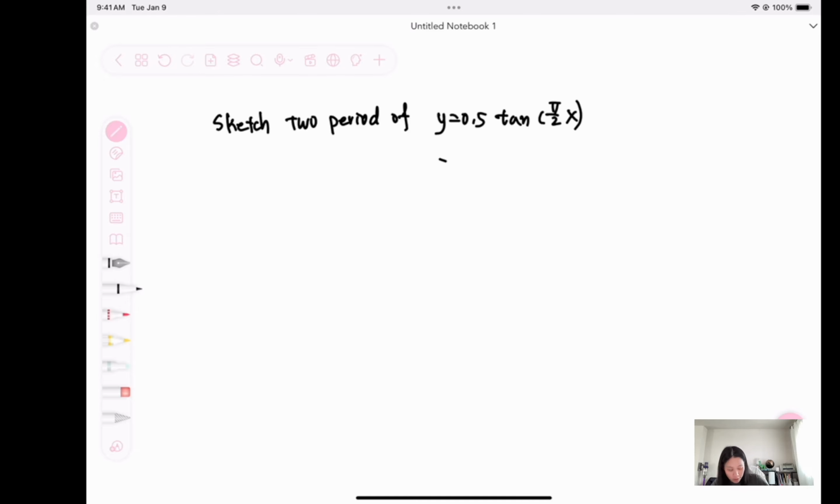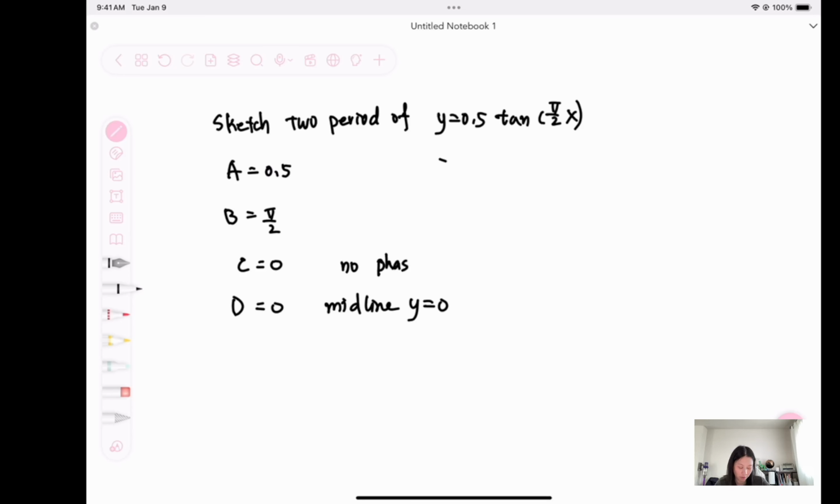So first of all, we have a equals 0.5, b equals pi over 2, c equals 0, d also equals 0. D equals 0 tells us that the midline is y equals 0. C equals 0 means there is no phase shift.